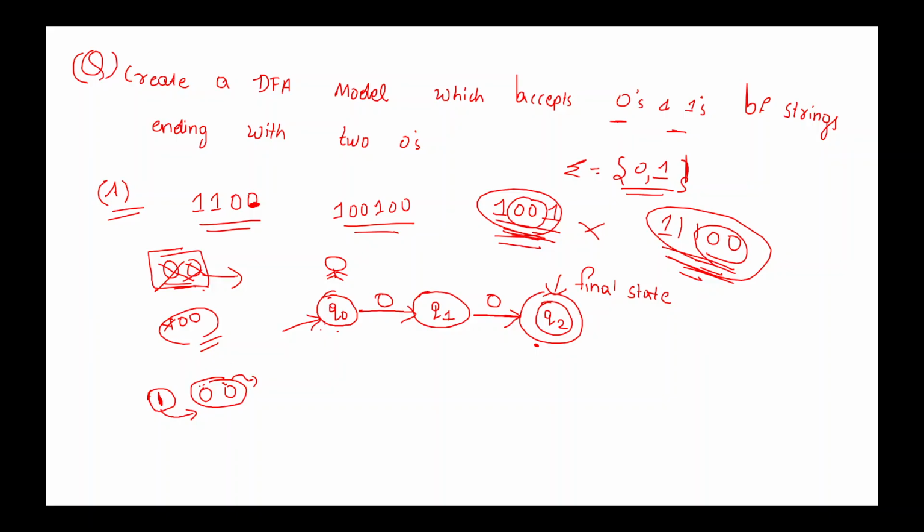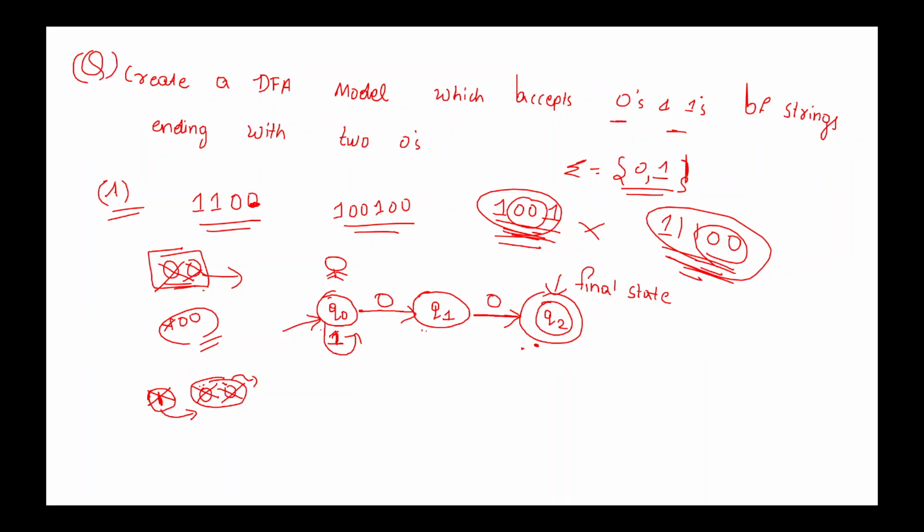So when q0 receives 1 and stays here itself, then 1 is completed, and for the 0 symbol it will move to q1, and for the other 0 it will end up at the q2 state, right? So this is how we define the path for an input symbol. So for q0, 0 and 1 both are defined.